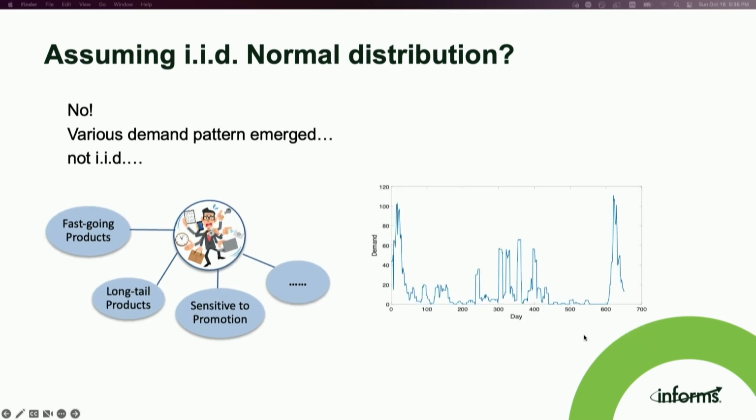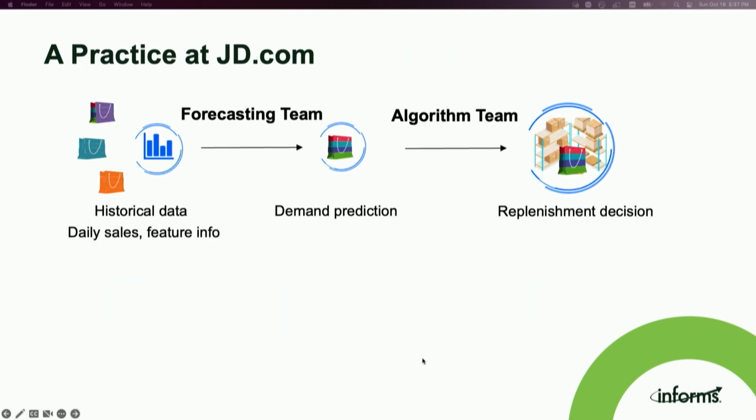Do we want to assume that demand is IID following a normal distribution? Of course not, because there are various demand patterns emerged, and from this plot we can see that the demand is definitely not IID. So we need a more automatic solution that is scalable and handles time series data, and it is a must-have for JD.com.